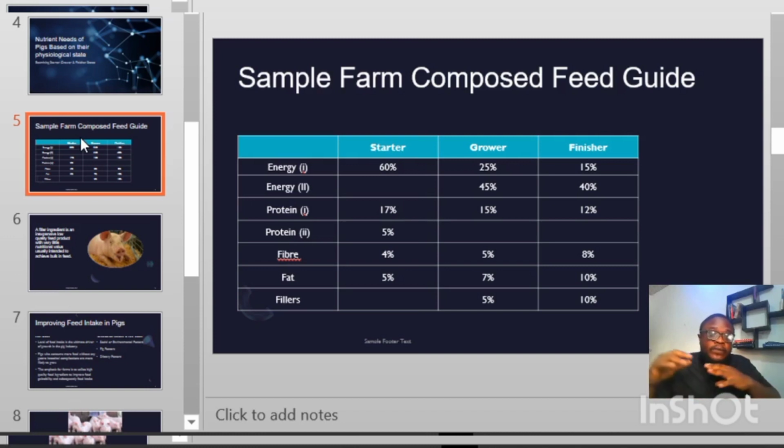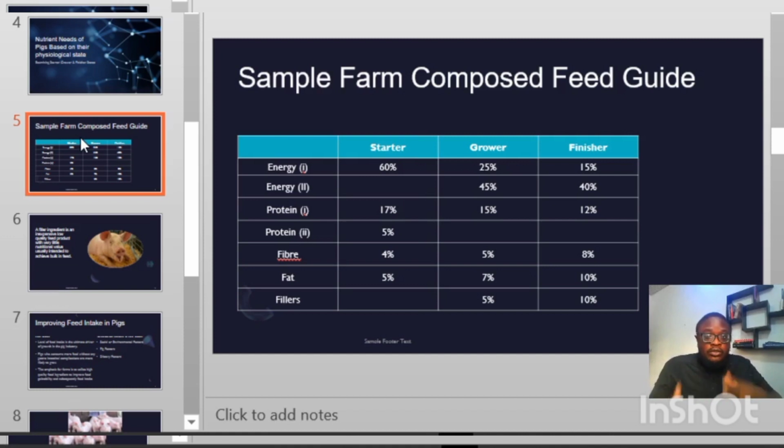All right, so then we go to grower pigs. With grower pigs, you have more room to introduce some of the waste products. I want us to be careful here, because when we talk about waste products, we have to look for quality alternatives, and processing and storage of waste products is very important. We'll be talking about that more when we go to the section that deals with feed intake.